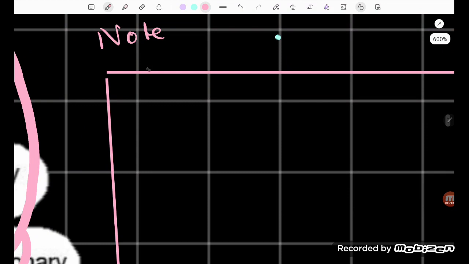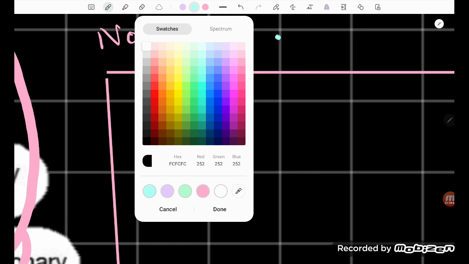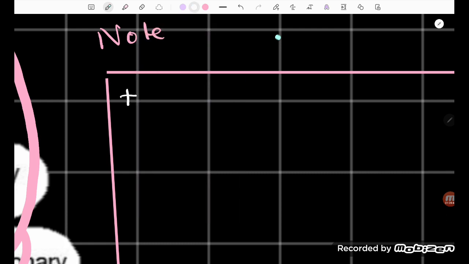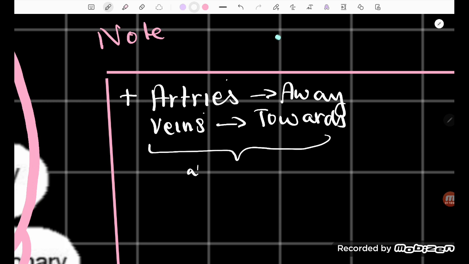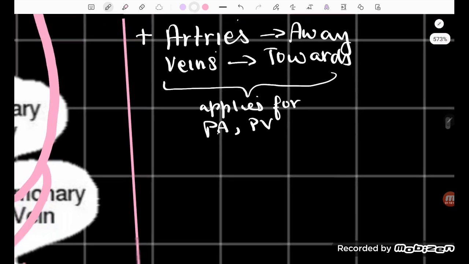Okay, the first point you will remember is arteries are away, veins are towards. This even applies for pulmonary artery and pulmonary vein.